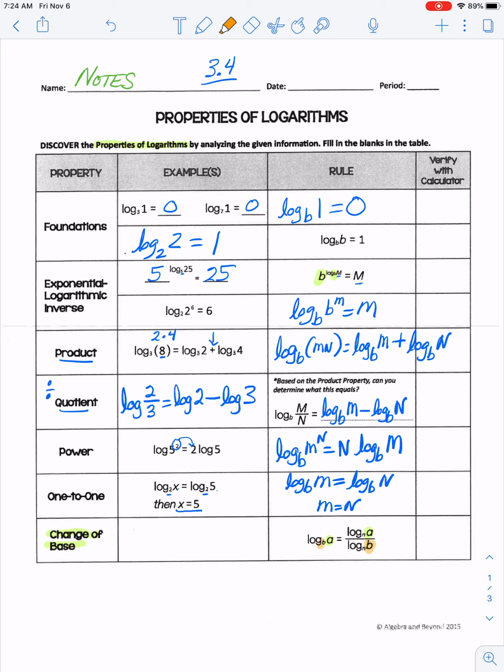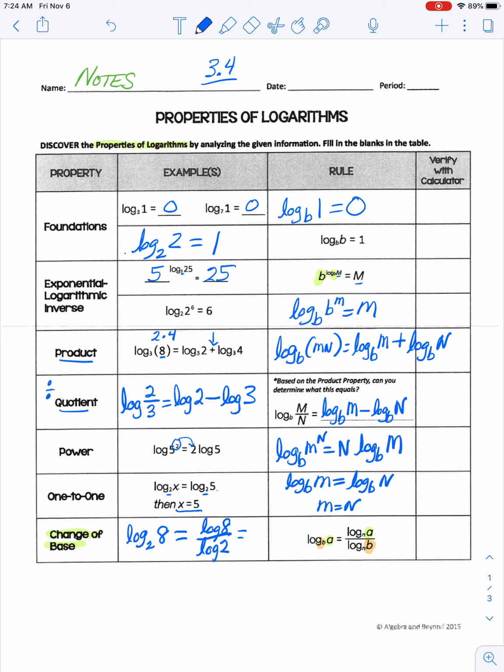That way you can convert any logarithm into base 10, so you can use your calculator to evaluate. An example could be something like log base 2 of 8 equals log 8 divided by log 2, and in that fashion you could use your calculator to come up with a decimal answer as needed.